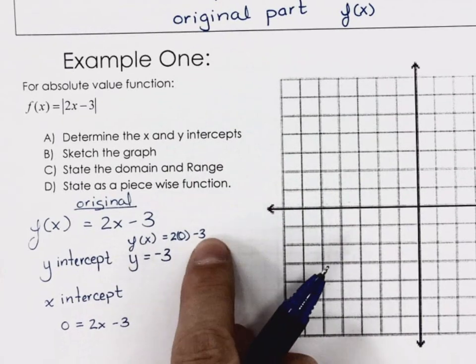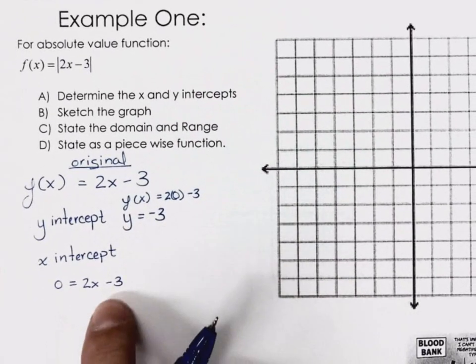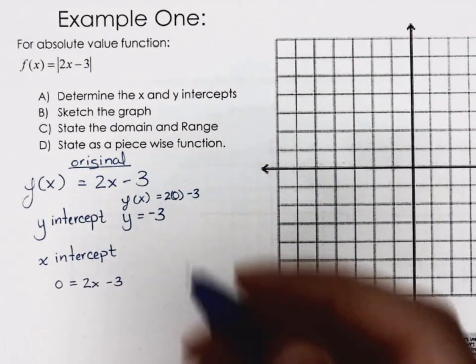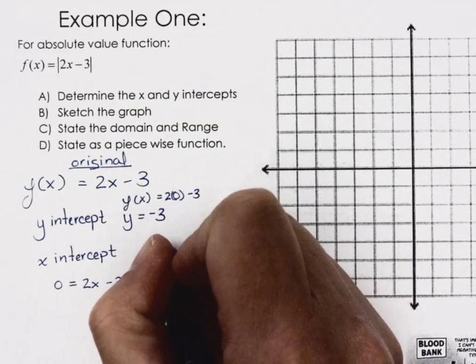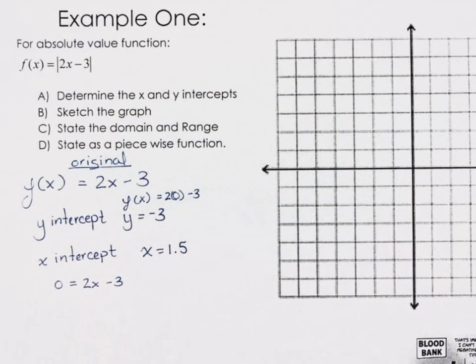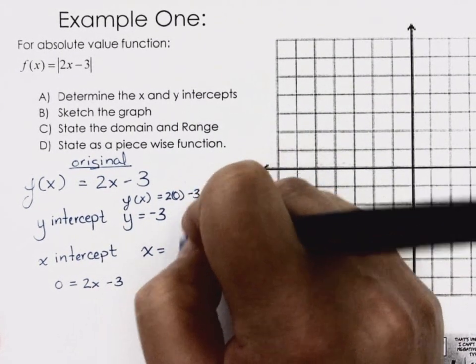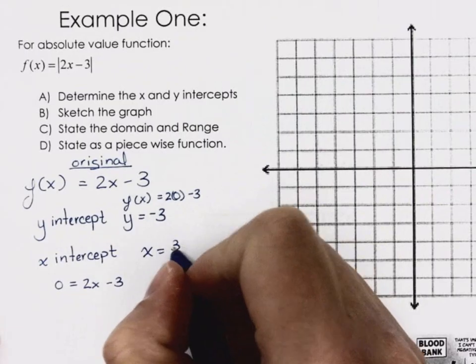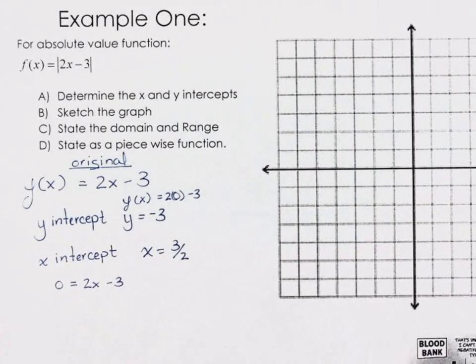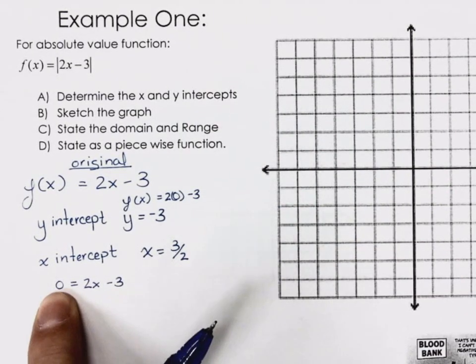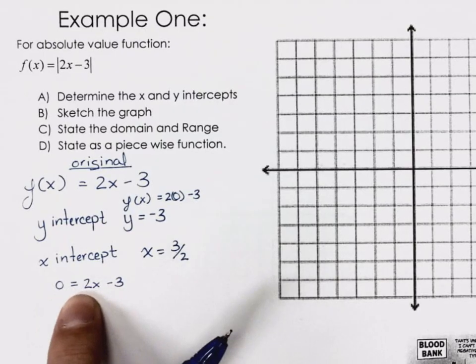That's how we got the negative 3. And when we solve this one, x is going to be equal to 1.5, or 3 divided by 2, however you choose to see it. We bring the 3 to the other side, it becomes positive, and we divide out the 2.